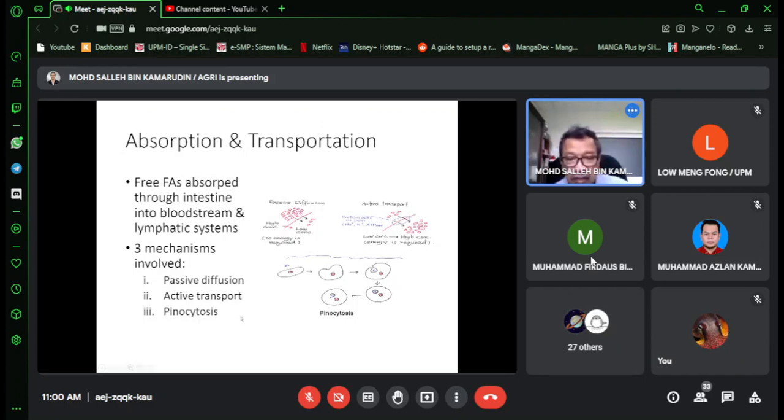And last is through pinocytosis, where the cells will act as an amoeba. They will just engulf the fat into the cells, into the intestine cell.